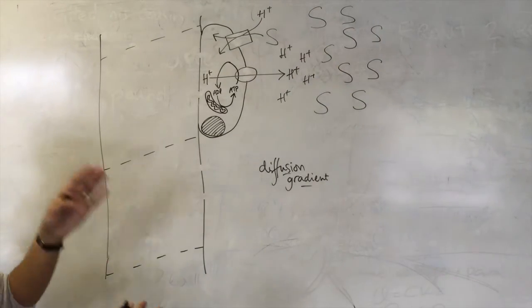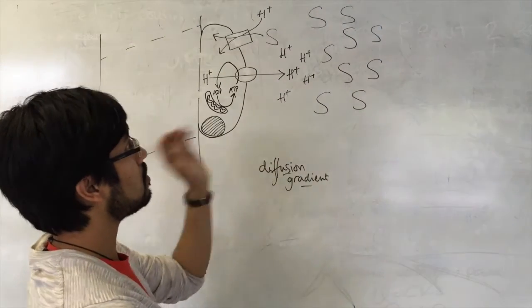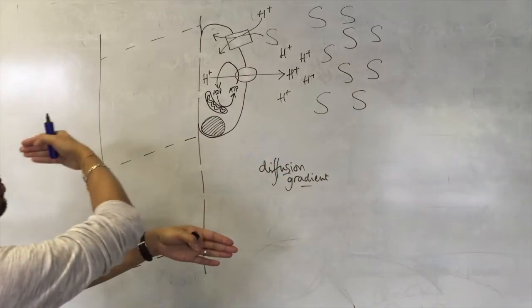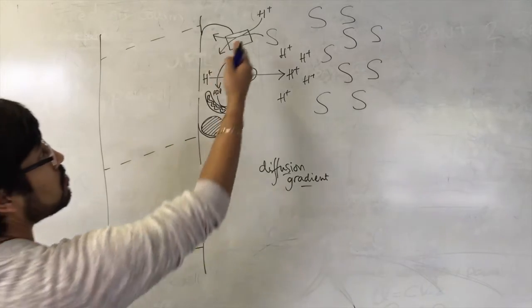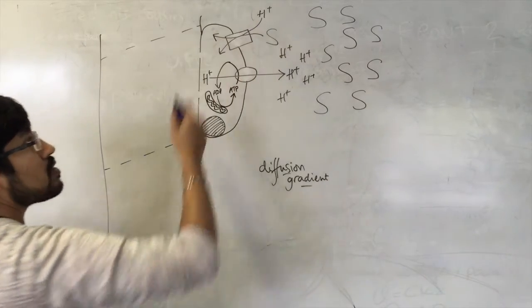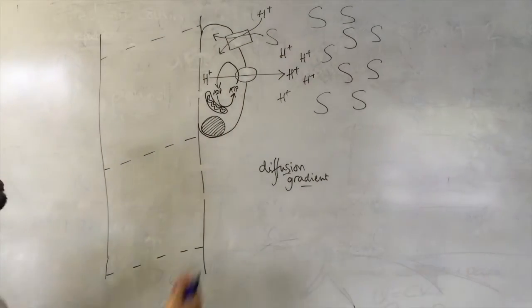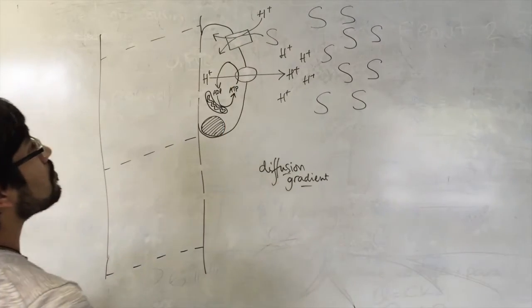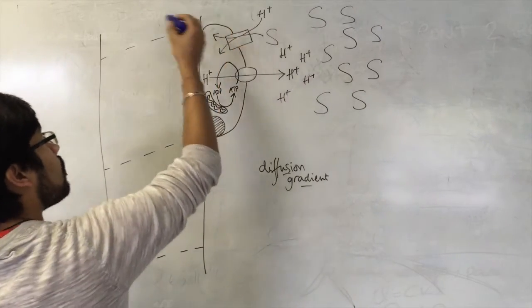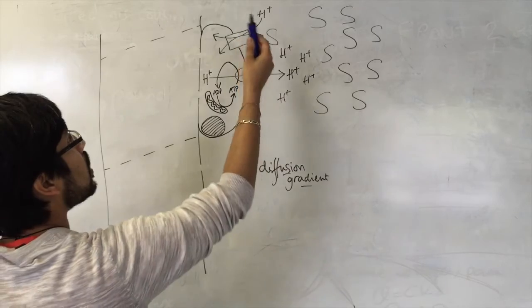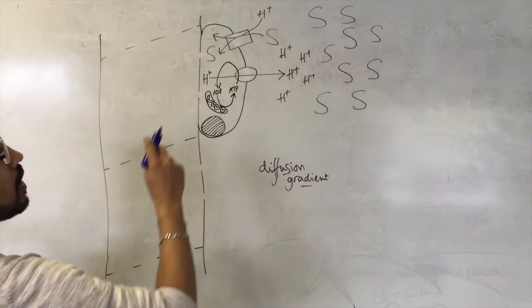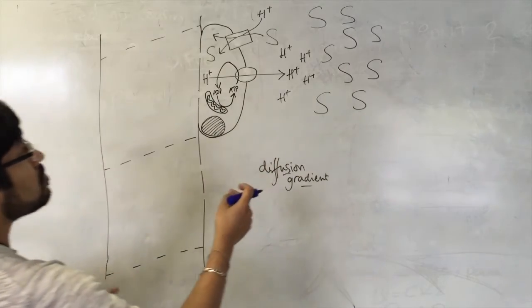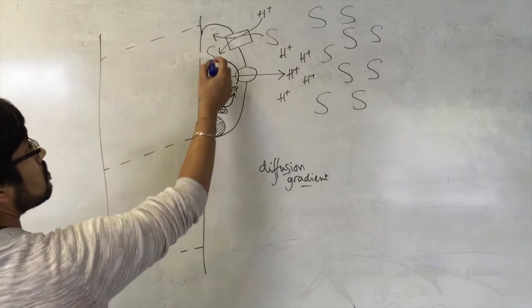So I hope you can see that the more protons we pump out, the more sucrose can come in via the cotransporter, because the sucrose needs to be transported with a proton. The two of them come in, protons come back in, but the sucrose is now in the cell. And if this process carries on, we're going to get a lot of sucrose in here.